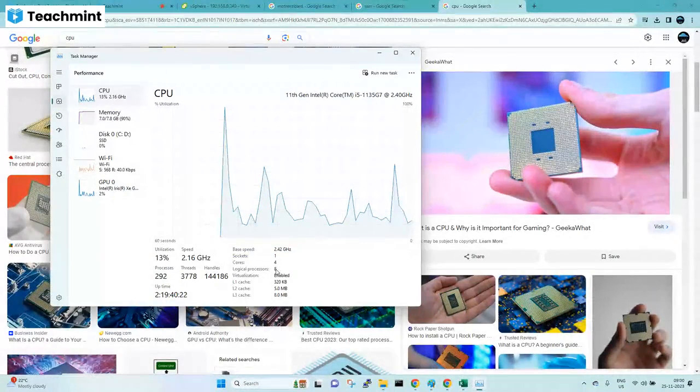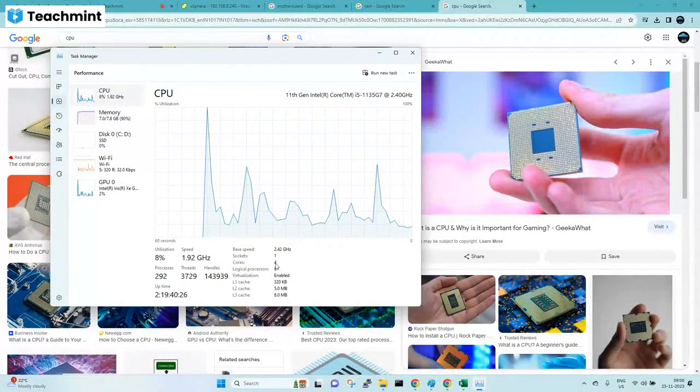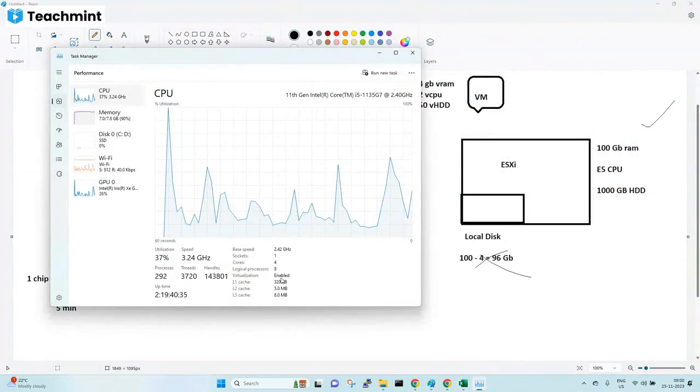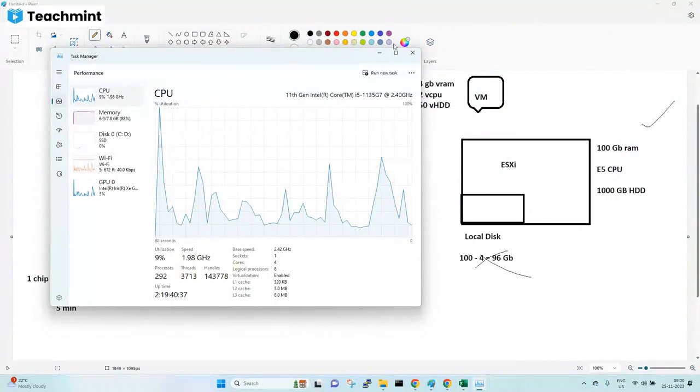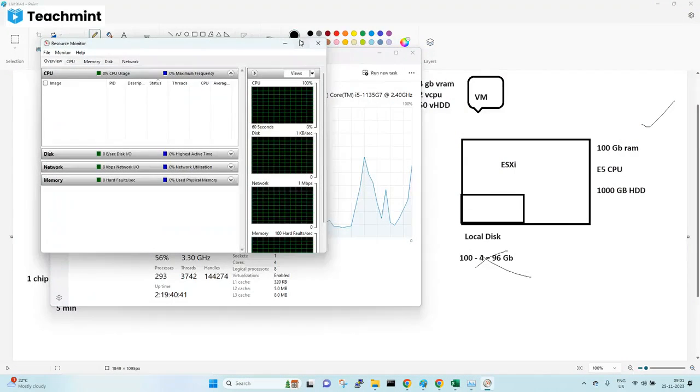You can see here, one socket and 4 cores. Physical cores are 4 only. But why is it showing 8 processors? We'll discuss that. It's showing 8 processors. In the resource monitor, it is showing from 0 to 7.